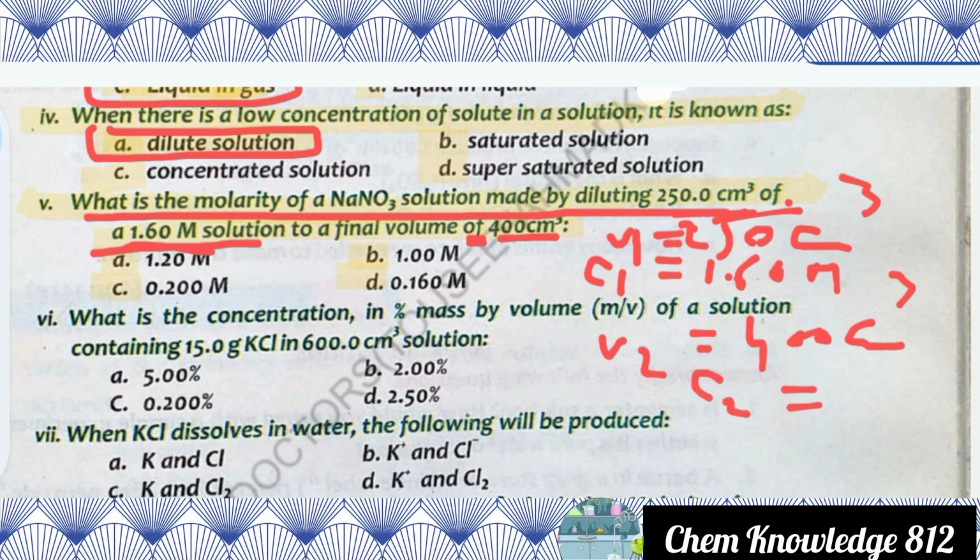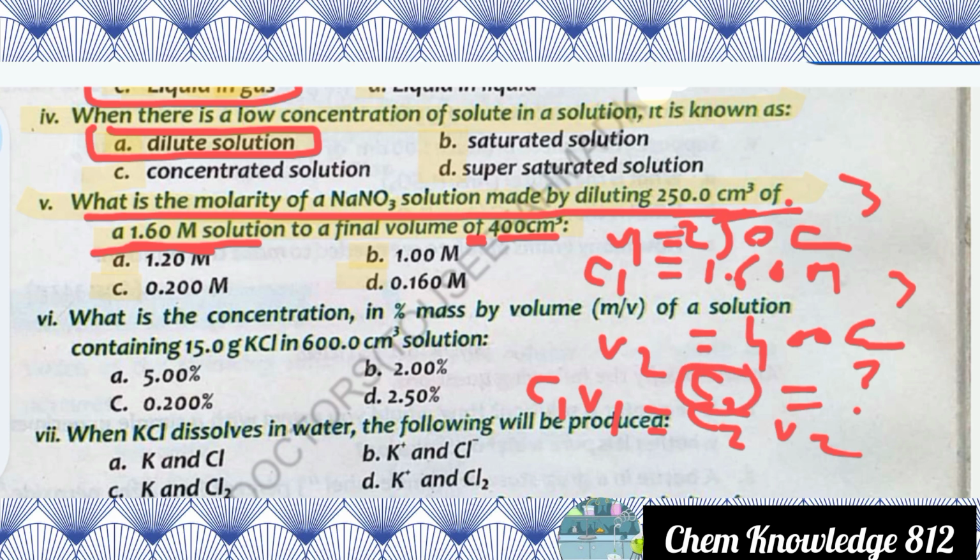So that will be C2, and C2 will be unknown. We know that C1 V1 is equal to C2 V2. This is the formula.